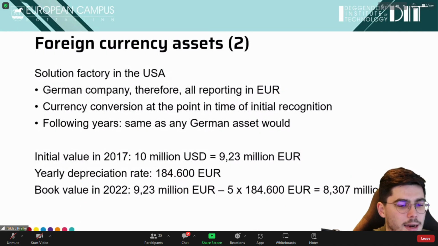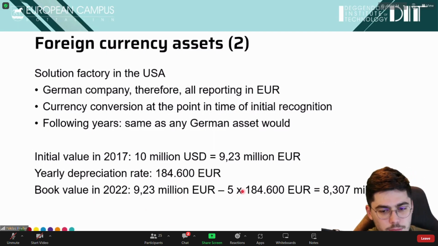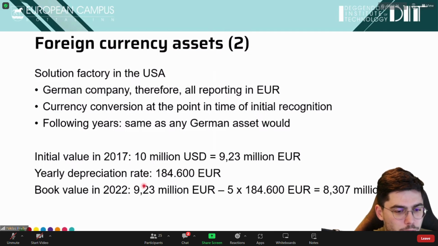So we have a book value in 2022 of 9.23 million euros, our initial value, minus 5 times, because 5 years have passed since the end of 2017, the yearly depreciation of 184,600 euros, which leads us to a book value in 2022 of 8.307 million.